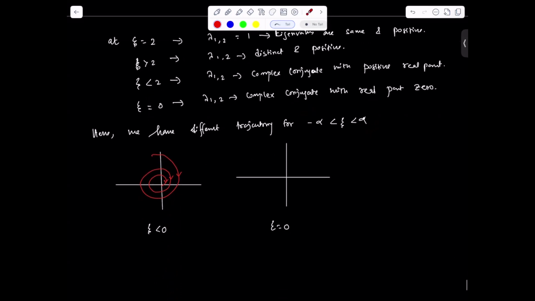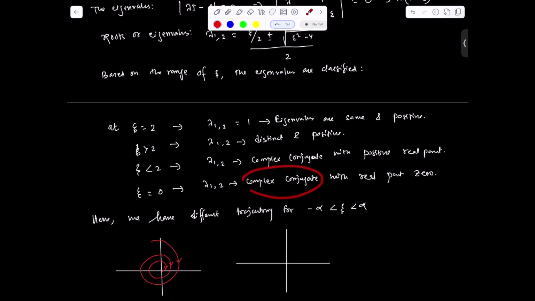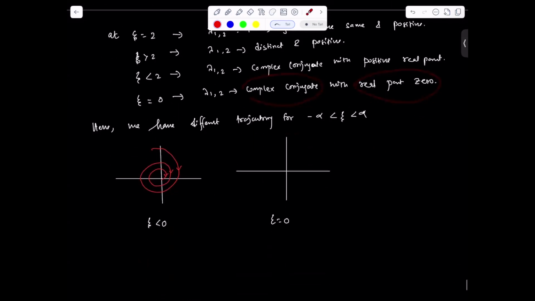So now if zeta equal to 0, in this case, what will happen? If it is 0, then we'll have only this part, right? It will be complex conjugate with real part 0. So in that case, what you have studied, we'll have a center, or vortex. Its trajectories will be something like this.